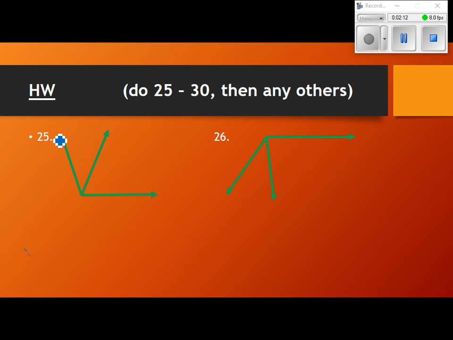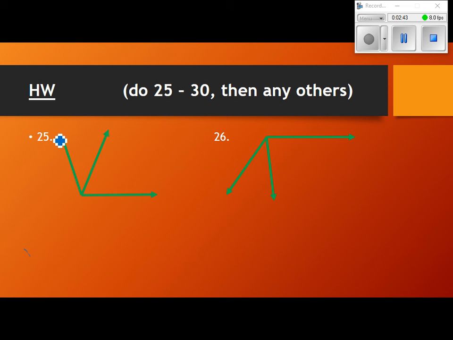All right, on the homework. Problem number 25 on page 44. Sorry, I have to get my book so I can read it.